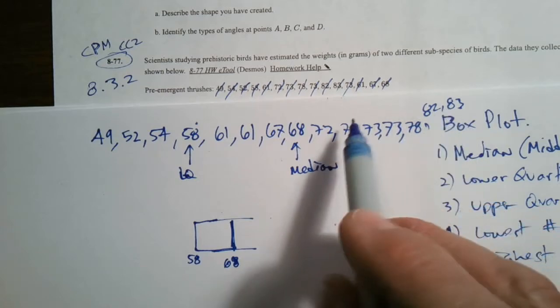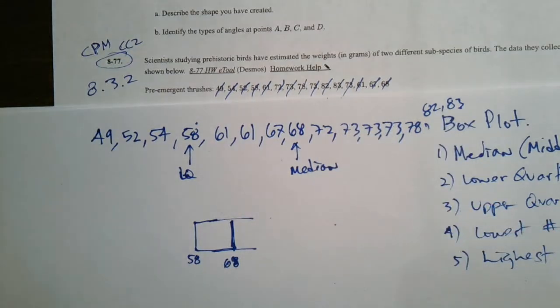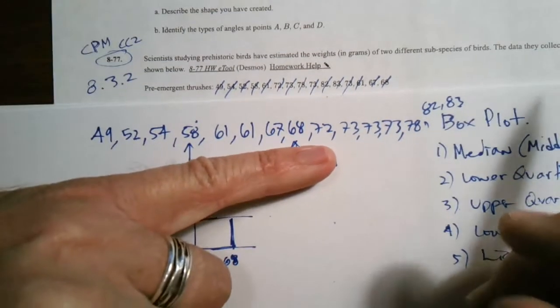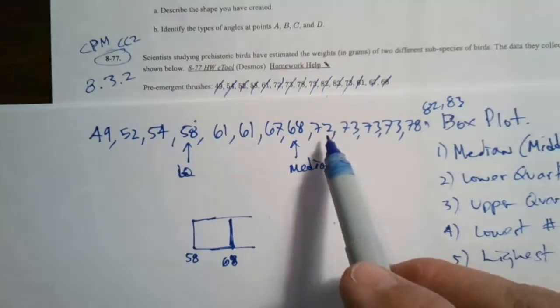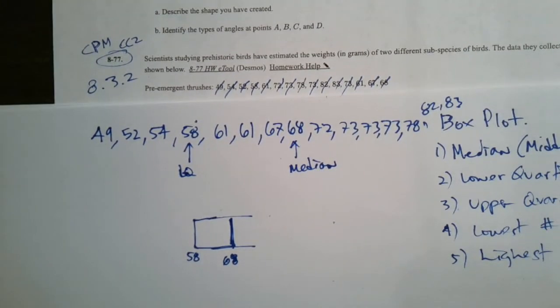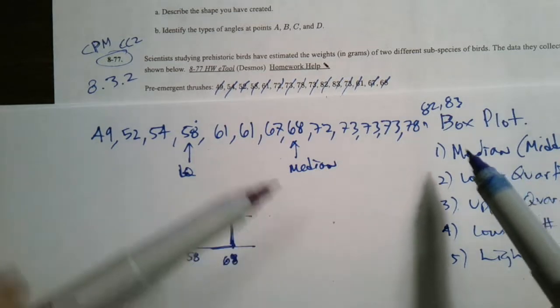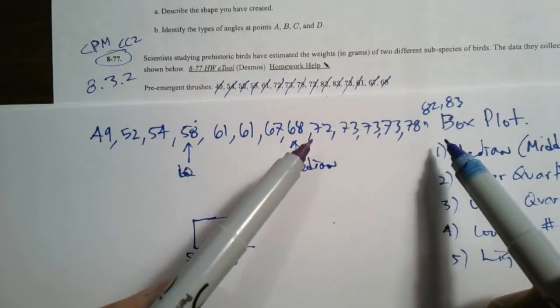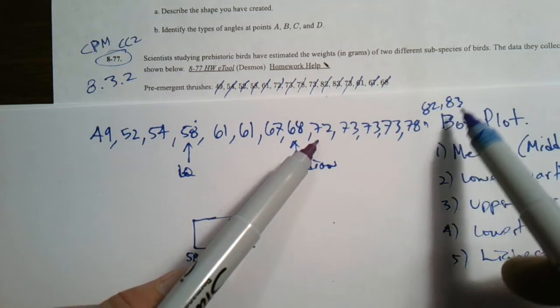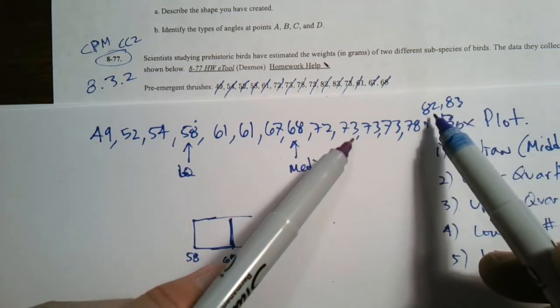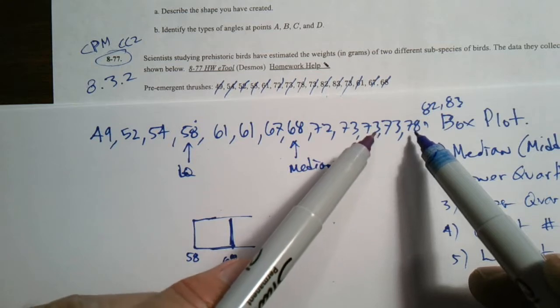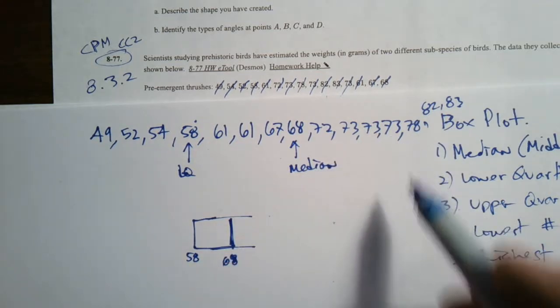The upper half is the upper quartile. So again, work our way in, 2 in, and then there we go at 73.